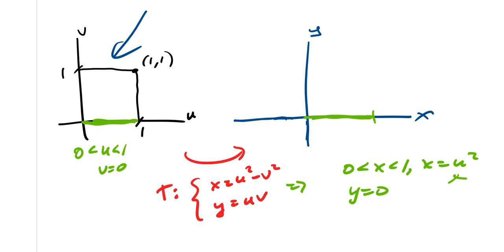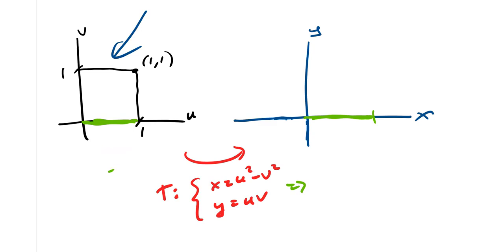All right, now let's look at another one. Let's look at the vertical one between 1, 0 and 1, 1. So we'll say this is in red here.